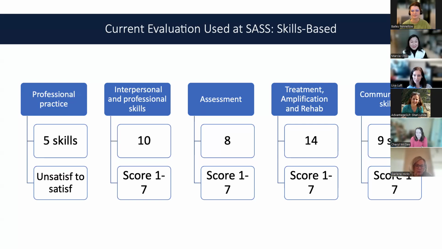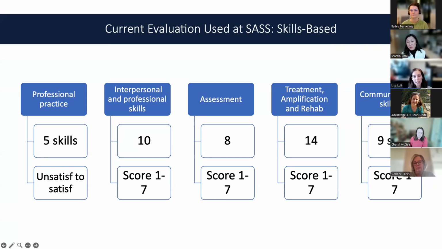Thank you, Marcia. So on this slide here, these categories of our current skills-based assessment tools should be very familiar to you. This tool will still be used in the coming externship for our second year students this year, as Marcia said. And for those of you who've had students before, these 5 categories should look very familiar.